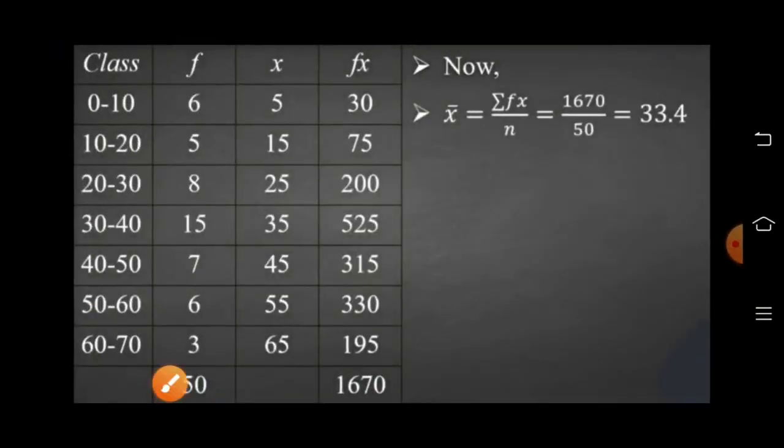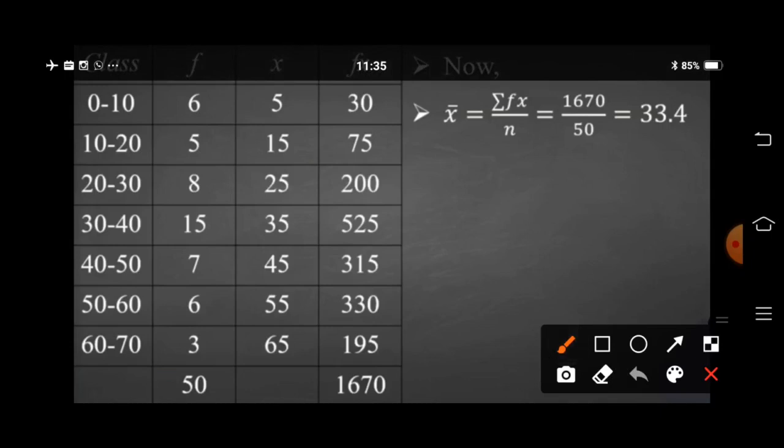For that, write down the class, then frequency, then find the mid value, then fx. Put into the formula sigma fx, 1670 divided by n, 50. Our mean would be 33.4.